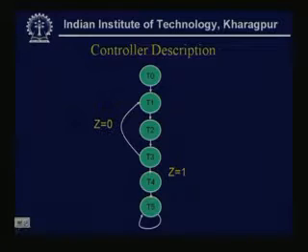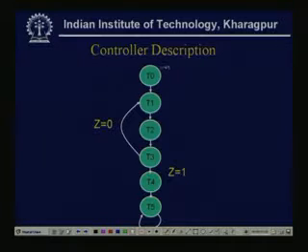Say these are the different states T0, T1, T2, T3, T4, T5. Now, initially the controller is in state T0, this is the initial state. At this point the control signals C0 and C1 are high, C0, C1 equal to 1.